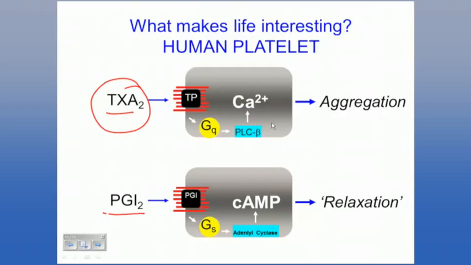In other words, to reduce the aggregatory response to thromboxane's activation of the TP receptor, to try and create an intentional imbalance between platelet aggregation and relaxation, or inhibition of platelet aggregation. So this is a concept where our understanding of the G protein coupled receptor cascade, the natural ligand thromboxane, allows us therapeutic leverage to manipulate this homeostatic balance in favor of one versus the other.